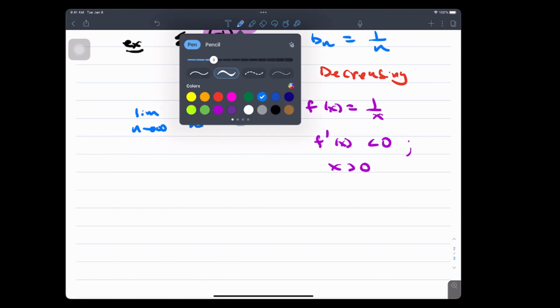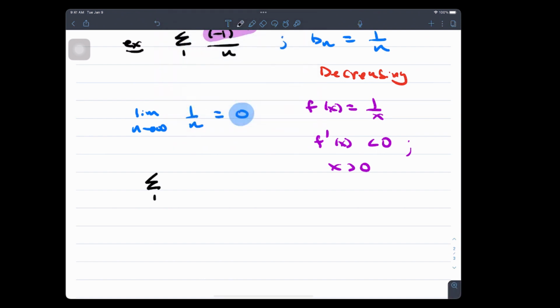What do we say here? This series, what? Converges by the alternating series test. There it is.